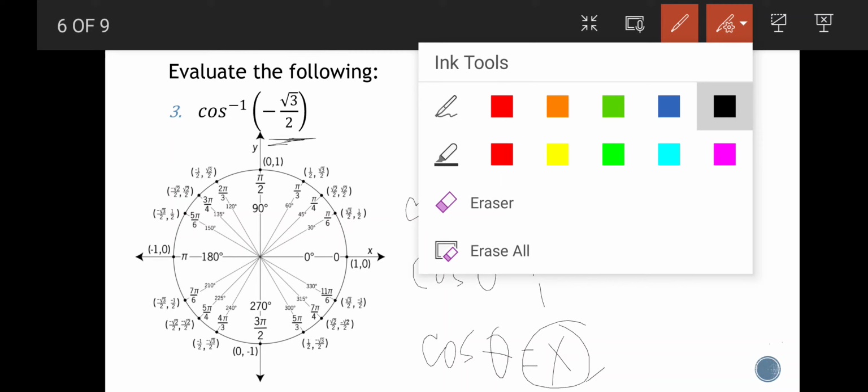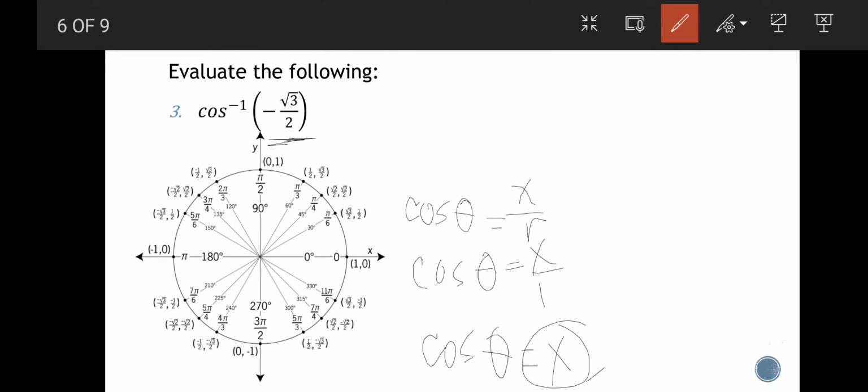Now, take note, we have here negative square root of 3 over 2. For the x coordinate, we have 210 degrees, and we have 150 degrees.